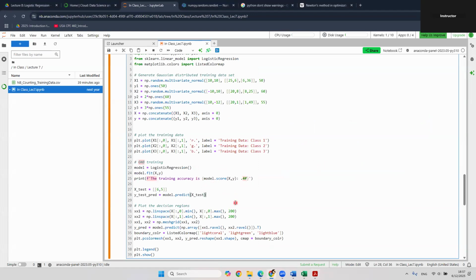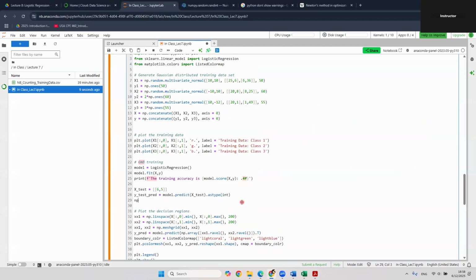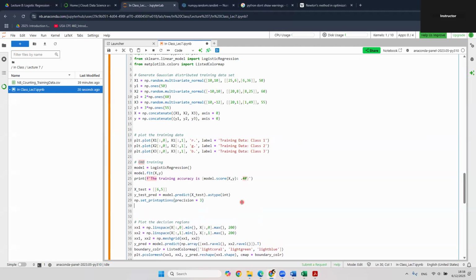Here, let me see, x predict dot astype int. So now I force it to be an integer, and then I can just print. And I need to first set np dot print options like this way.